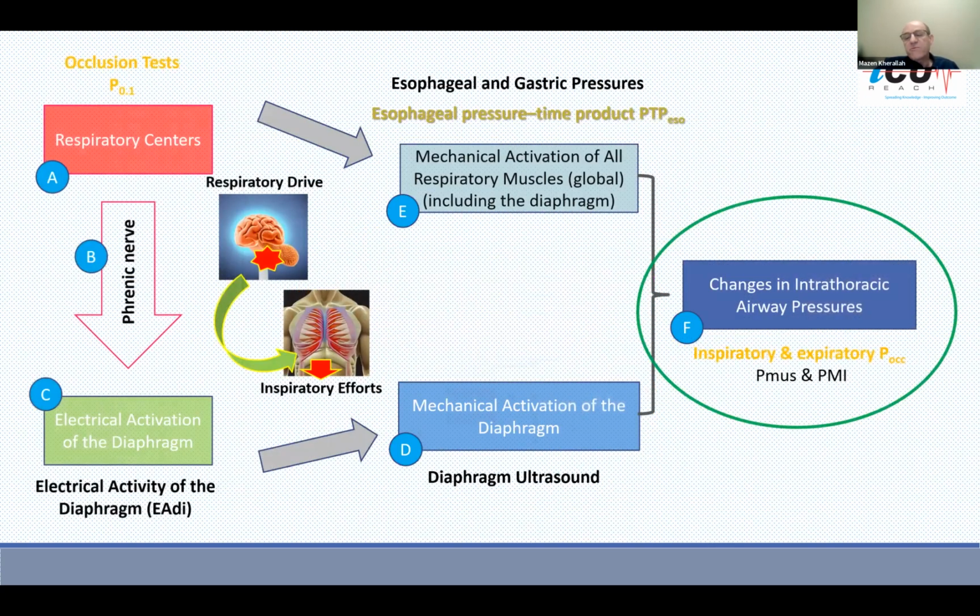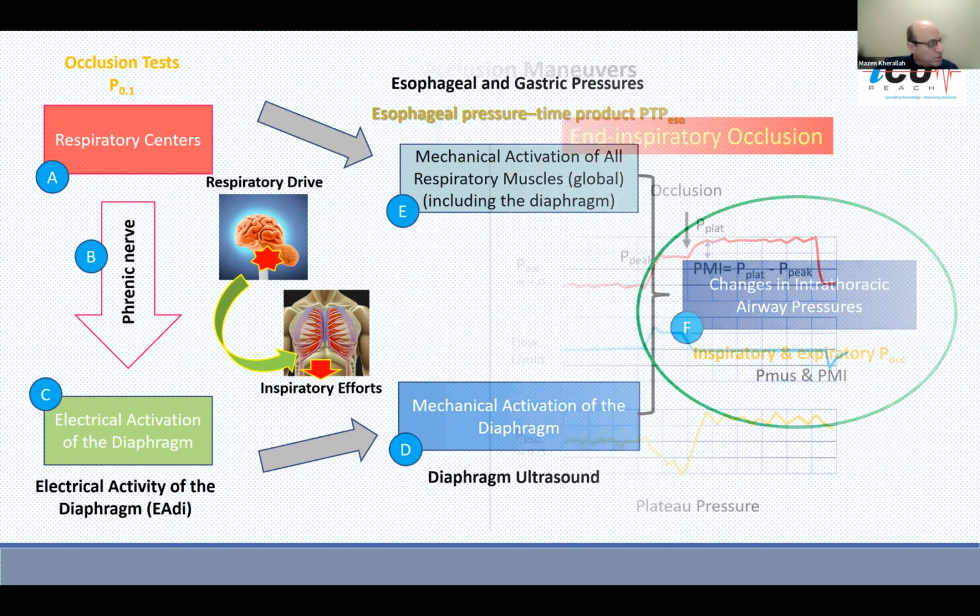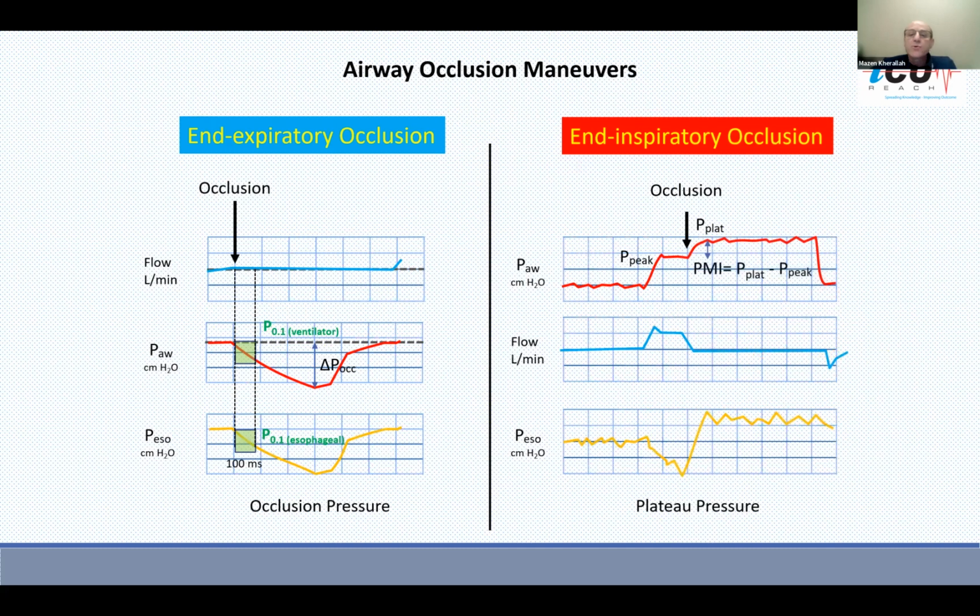The last thing, we have some maneuvers that we can do to see what's happening in the intrathoracic pressures. Those are the inspiratory and expiratory occlusion pressures. We have two different types of occlusion methods, and we talked about one of those in our ventilator sessions: expiratory occlusion and inspiratory occlusion.